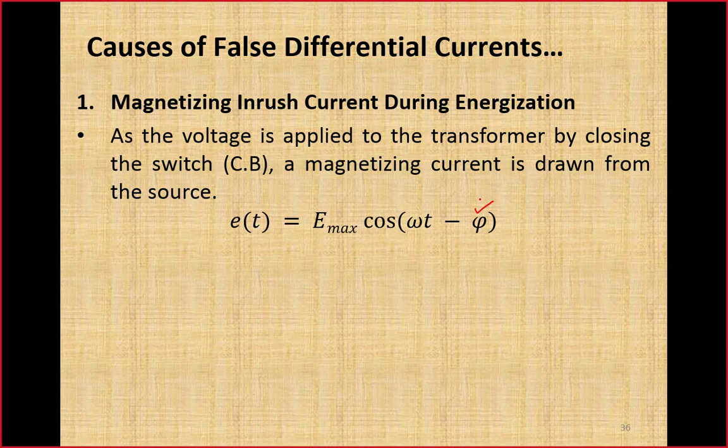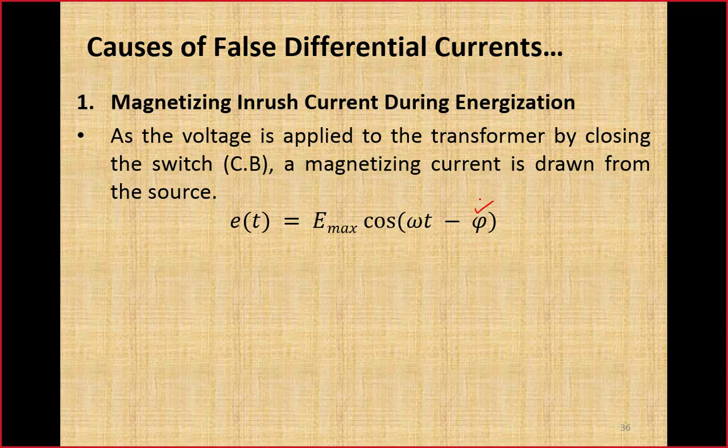What does it mean? If we have defined this voltage by a cos function, at time t equal to 0, if phi is equal to 0, then cos of 0 becomes 1 and the voltage will be at its peak value.